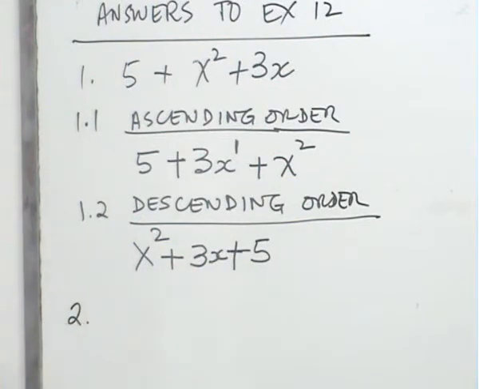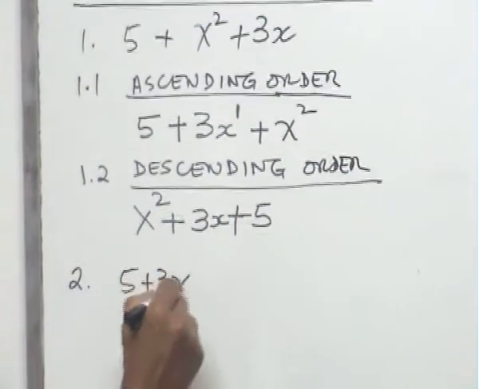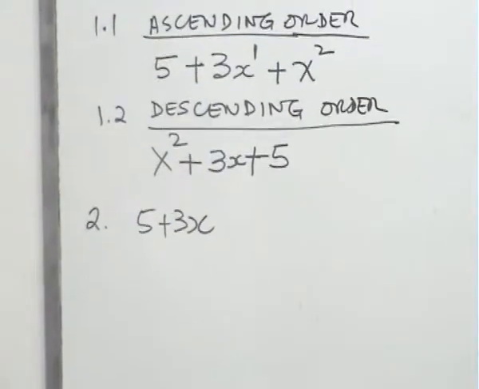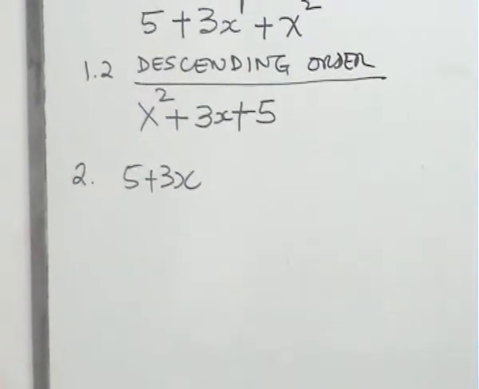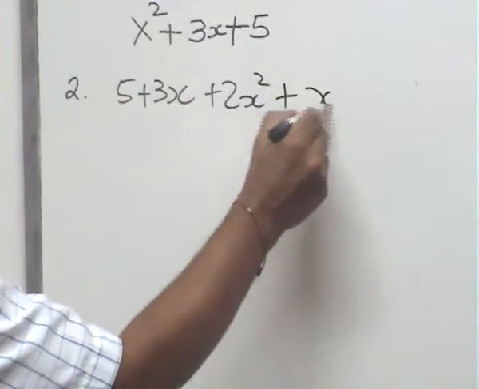Number 2, 5 plus 3x plus 2x squared plus x to the 4.